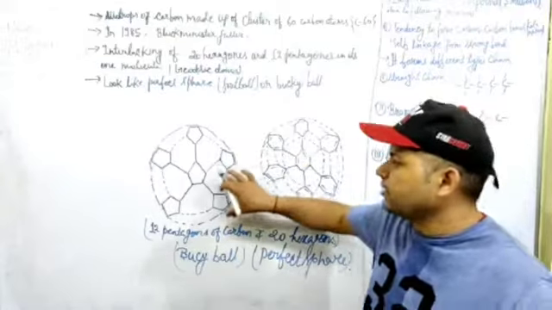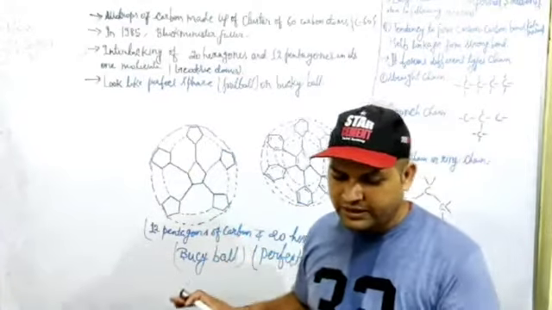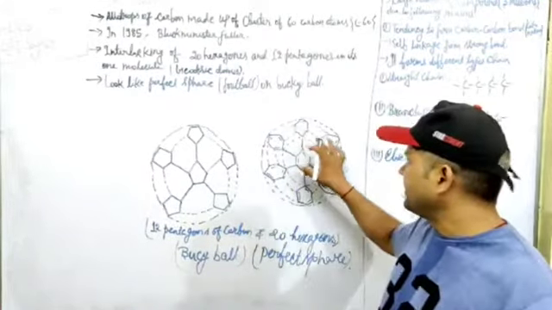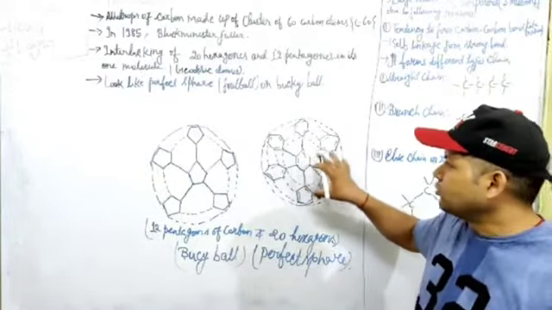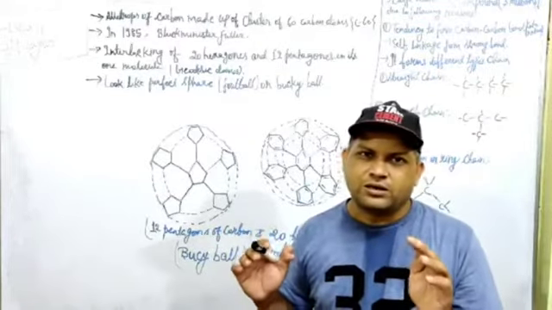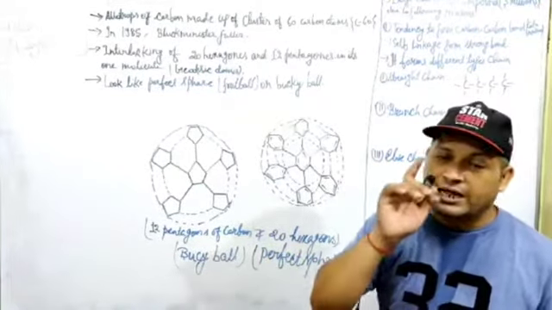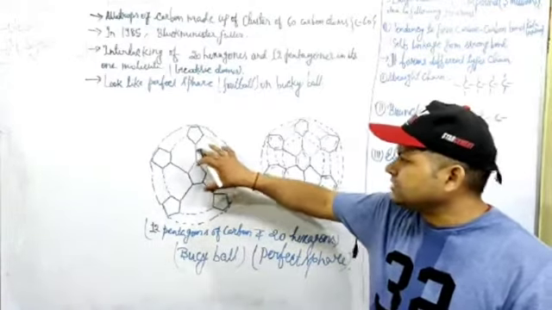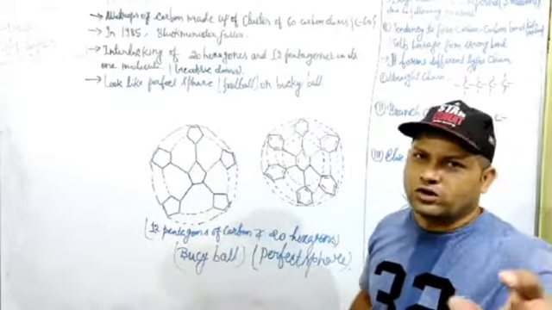Understood? Here you can look, there are 6 pentagon structures of carbon atoms, and here the hexagonal structure of carbon atoms in this buckyball. One molecule of fullerene contains 20 hexagons and 12 pentagons of carbon.